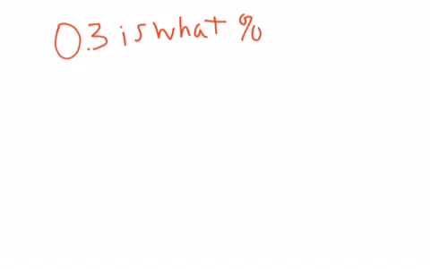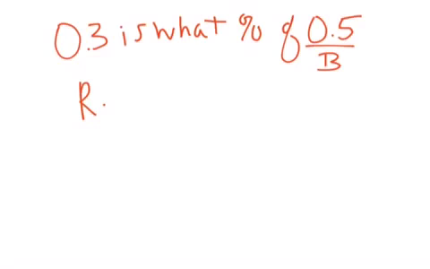Okay, all right, let's do another one. 0.3 is what percent of 0.5? So we're looking for the rate here. Rate times our base of 0.5 equals our percentage of 0.3.